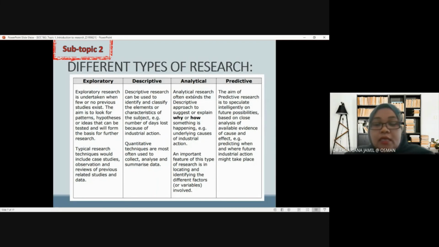It is based on close analysis of available evidence of cause and effect. For example, predicting carbon emission in Malaysia in 2030 or 2050. That is predictive. They are going to predict using some software and others.